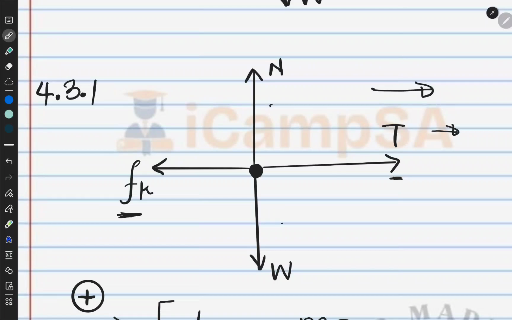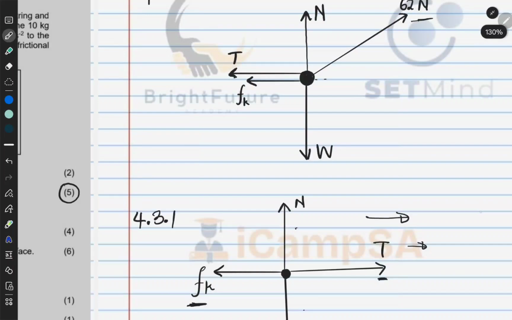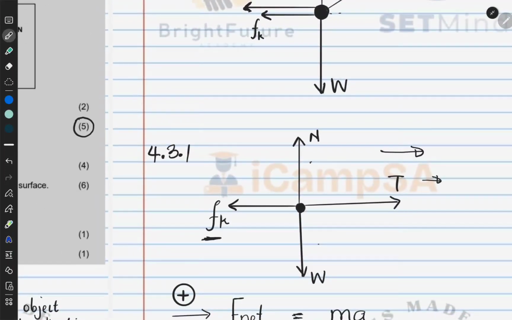So that's why even on the free body diagram, the tension is longer than the vector representing the kinetic friction. That's how we usually think of drawing free body diagrams in general. In some situations, like in this case, I didn't know which one was bigger, whether it's tension or the friction, but I assumed it has to be the tension that's bigger. But in cases where you can distinguish it, make sure you do.